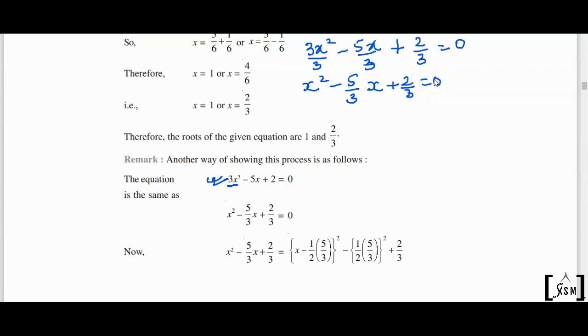Right, guys? So this is in the form where the x square coefficient is 1, which we wanted. Now the first step you do, as I always told you, is take the x coefficient, whatever is there, and divide by 2. So negative 5 over 3, dividing by 2, we get negative 5 over 6.